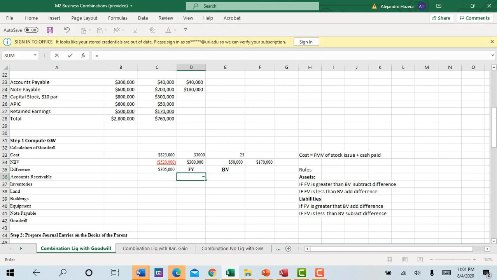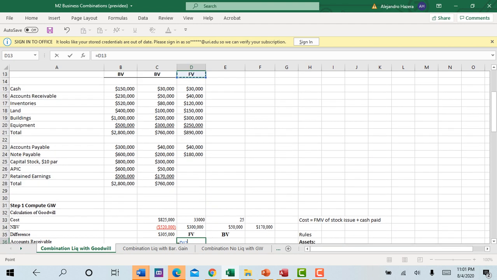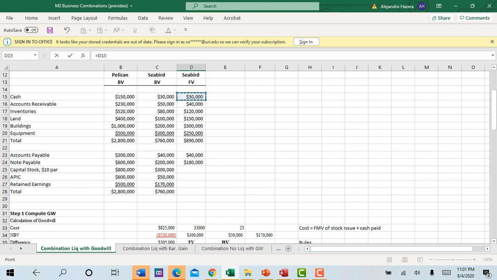Okay, and for each one of these assets, I'm going to take their fair values. They're in reverse, by the way. I'm only going to put in assets for which the fair value and book value are different, because I'm going to take the difference, and if the book value and fair value are the same, it won't matter anyway.